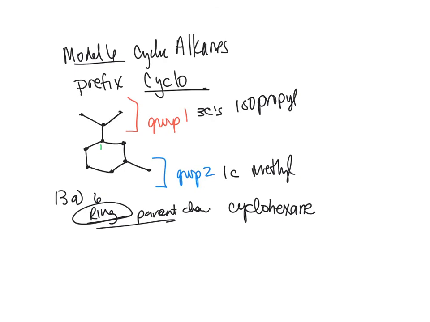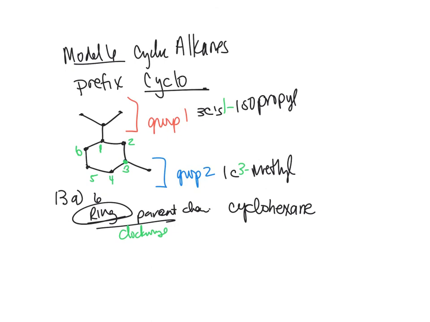So if we go clockwise, our next substituent becomes 3. If we did counterclockwise, 1, 2, 3, 4, 5, that would be 5. So we're going to go clockwise with our numbering, which gives this a 1-isopropyl and that a 3-methyl. Alright, so we are choosing clockwise.